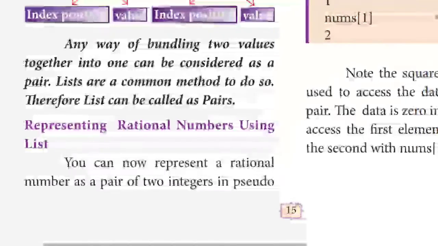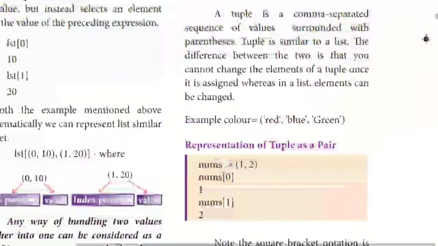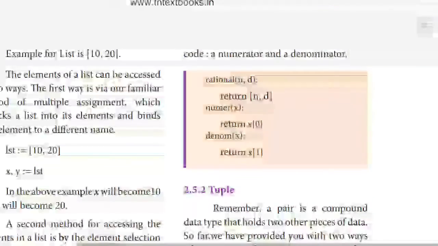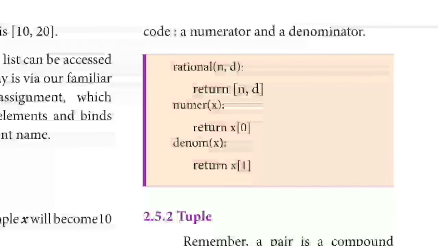How can you represent a rational number using a list? A rational number has two things, numerator and denominator, so you can use the same method.